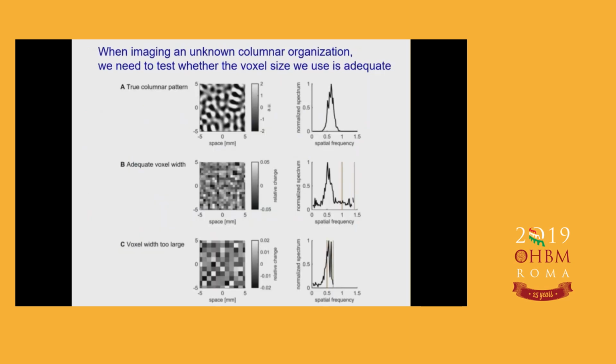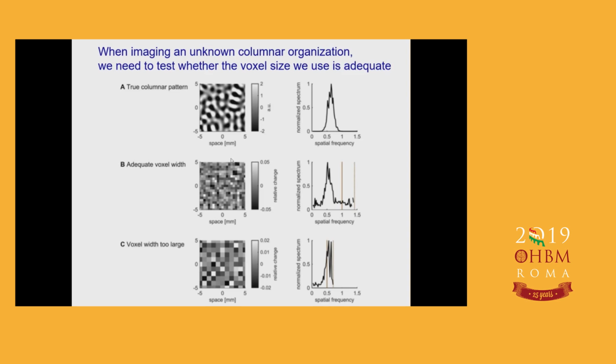So lastly, suppose we work on obtaining a cortical map of columns in an unknown area, how do we know that we use the adequate voxel size? So here is a simulation of a cortical map, and it's very common to have Gaussian-like frequencies of the organization.